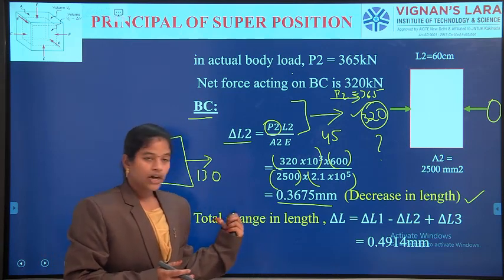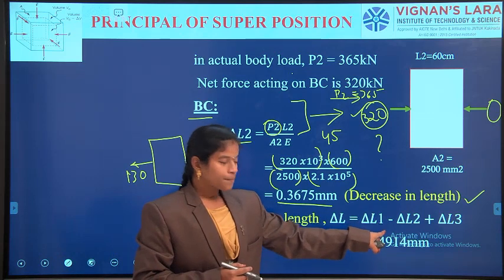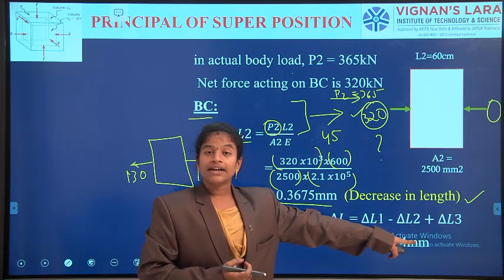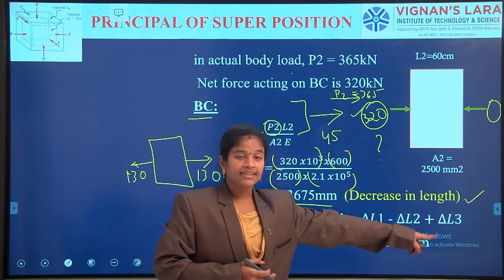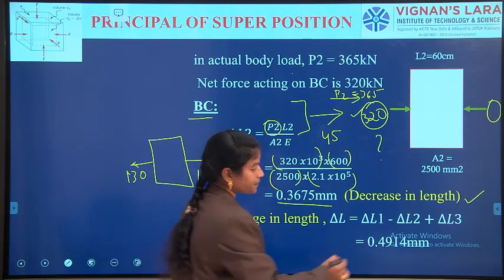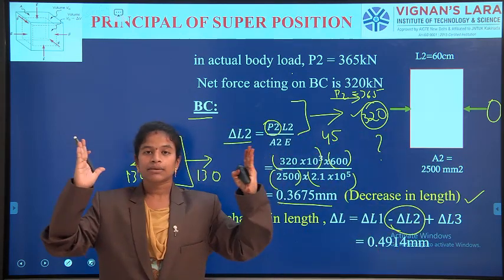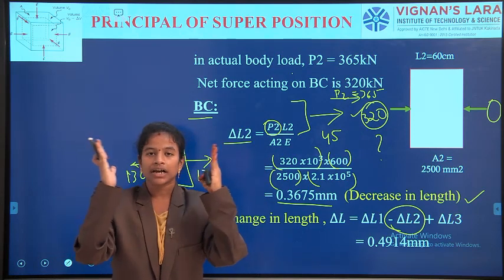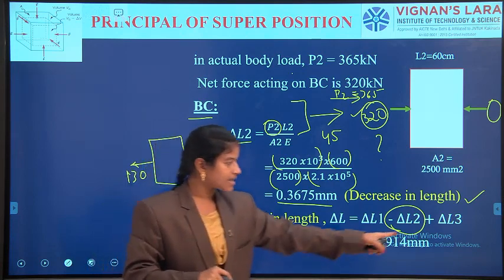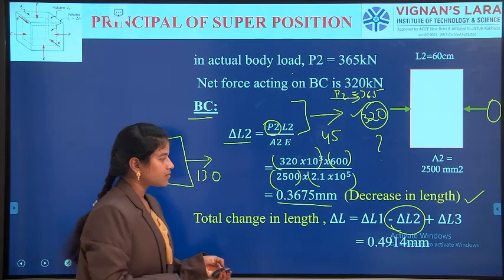So the overall change in the length is equal to positive delta L1, because that is an increase in the length, negative delta L2, because that is a decrease in the length, and then plus delta L3, that is an increase in the length. The overall summation, see here, as the body is subjected to 320 kilonewton compressive load, increase in the length is not happening, decrease in the length is happening. So the answer is 0.4914 millimeters, right?